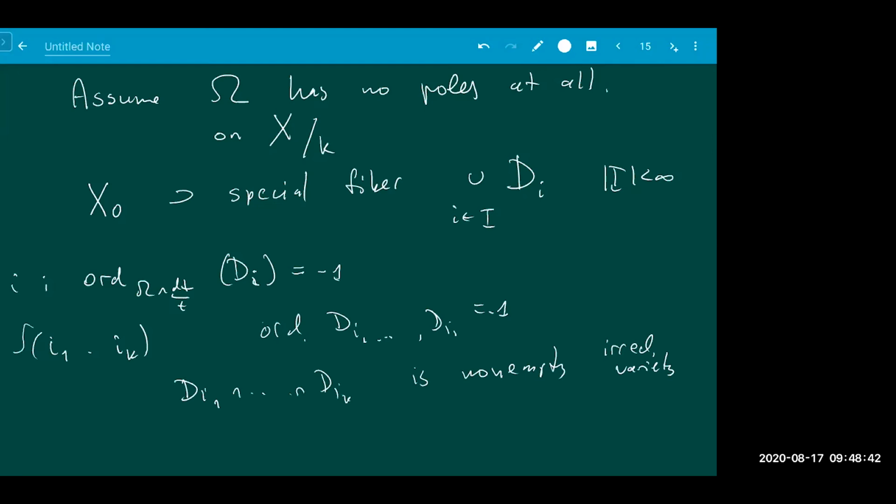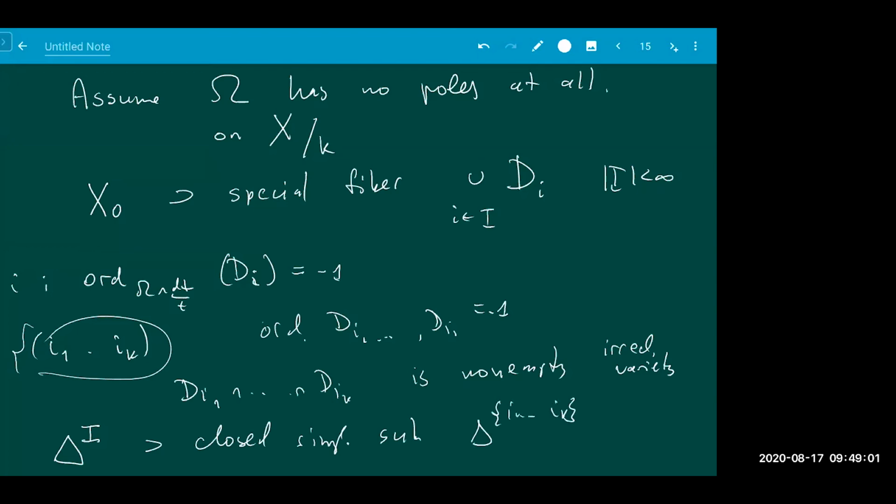So we get this special collection of indices, and now what to consider is this: consider the simplex spanned by the set of I, and the closed simplicial subset spanned by simplices of all these intersections of divisors with this property.